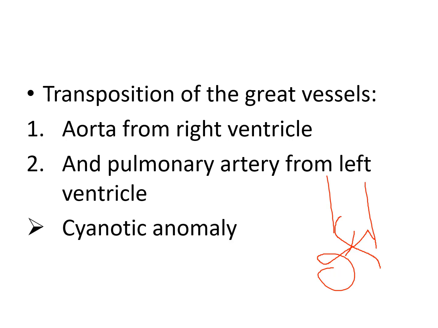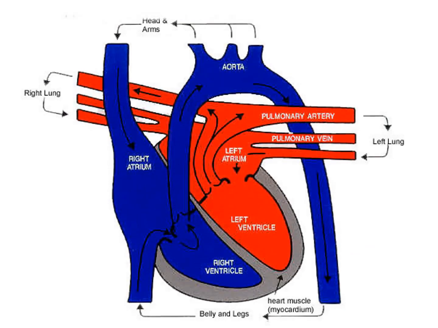This is a cyanotic heart defect, and this will be very clear in the fetal circulation. Look here, this is the aorta with its three branches from the arch of the aorta. Due to this TGA transposition, the aorta is taking blood from the right ventricle.